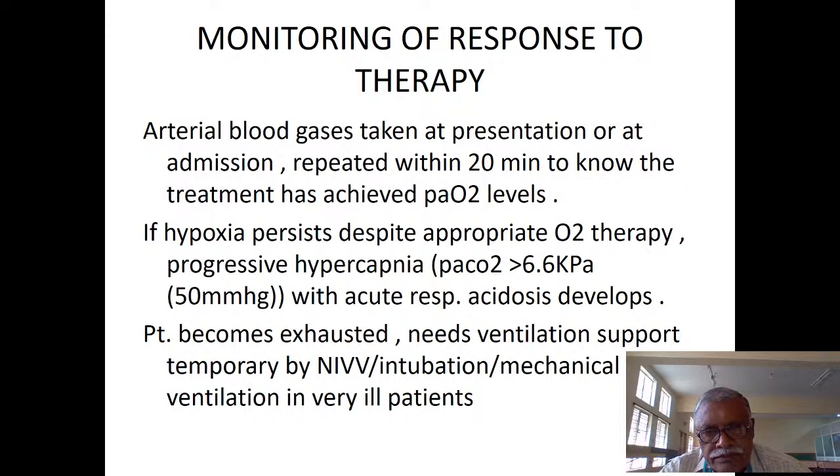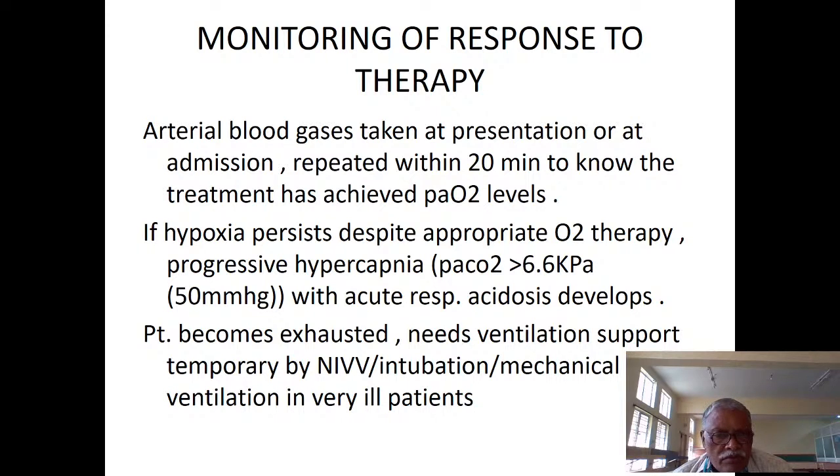If hypoxia persists despite appropriate oxygen therapy and progressive hypercapnia is developing, with carbon dioxide levels maintained at 50 millimeters of mercury and acute respiratory acidosis developing, that also should be monitored in those individuals.